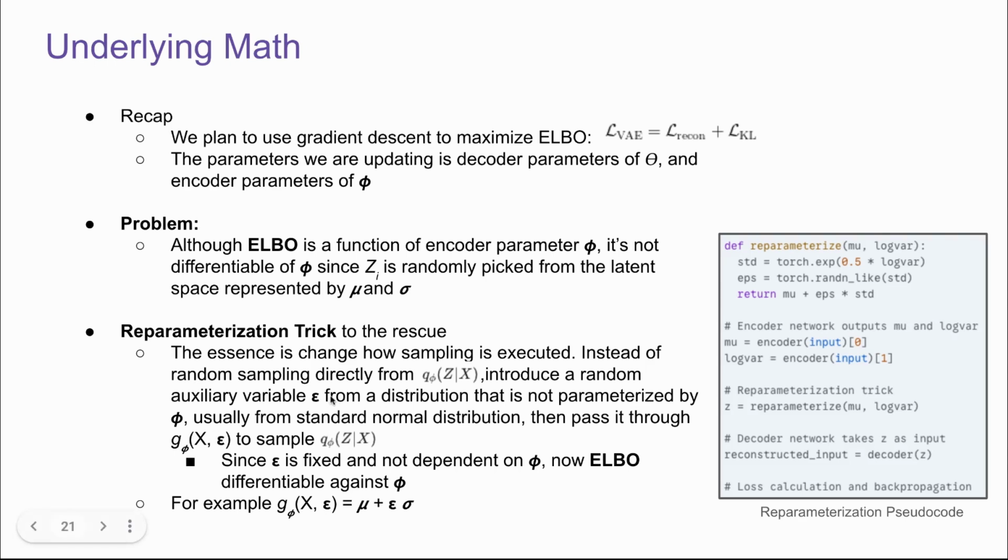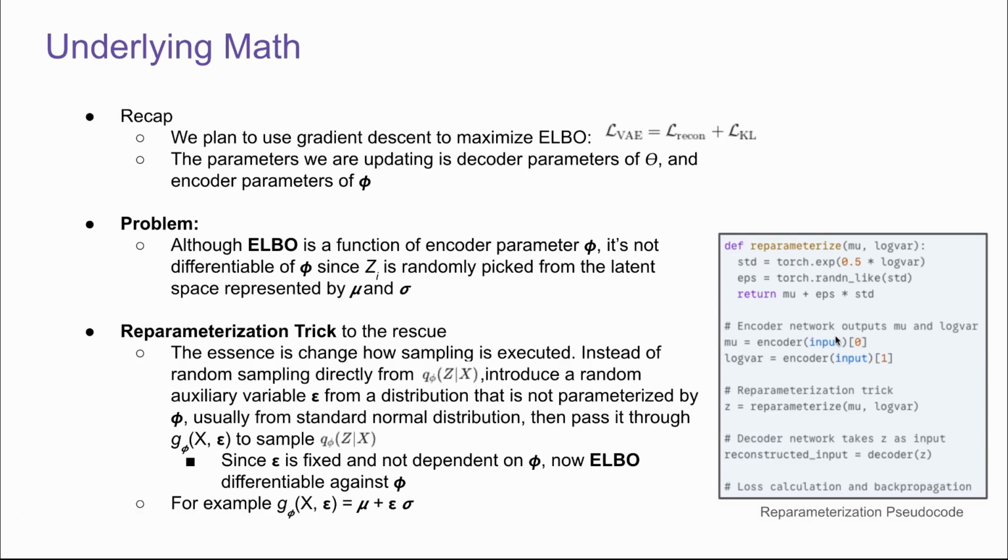The reason we want to sample this epsilon from a distribution that is not parameterized by phi is because when we do gradients, we don't have to care about it. The gradient is just 0. Since epsilon is fixed and not dependent on phi, now ELBO is differentiable with respect to phi.